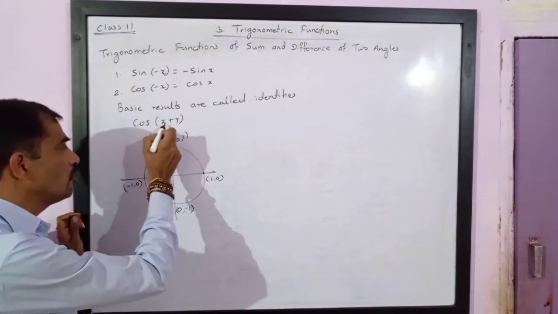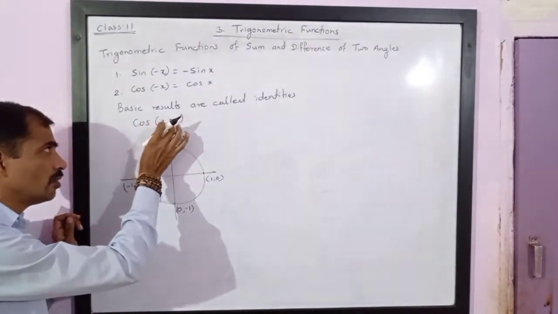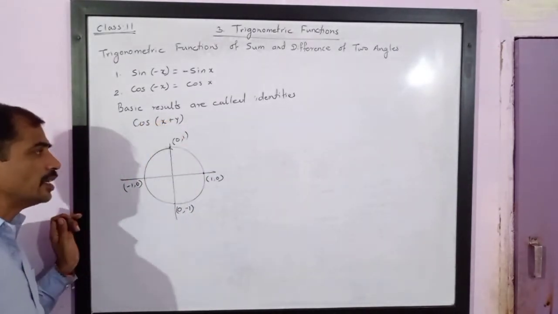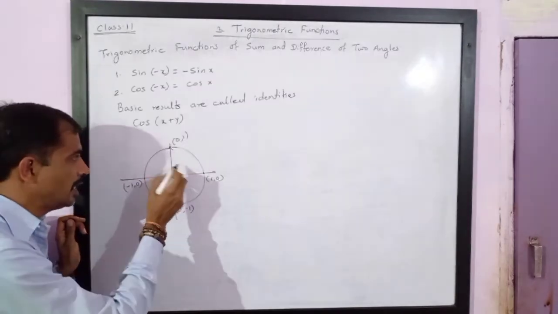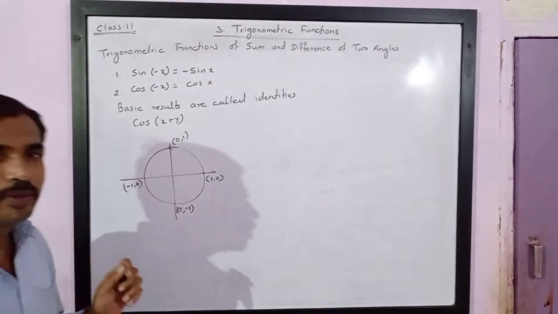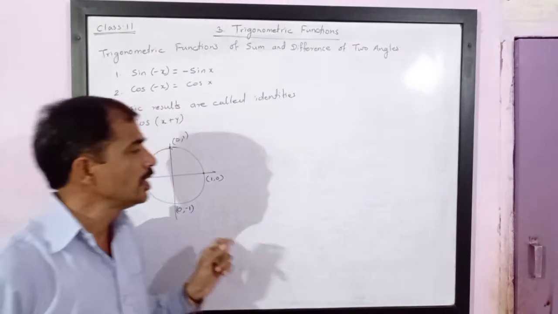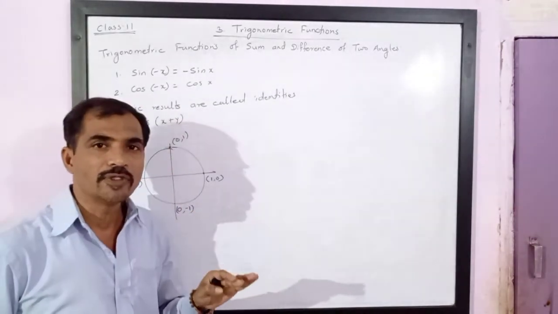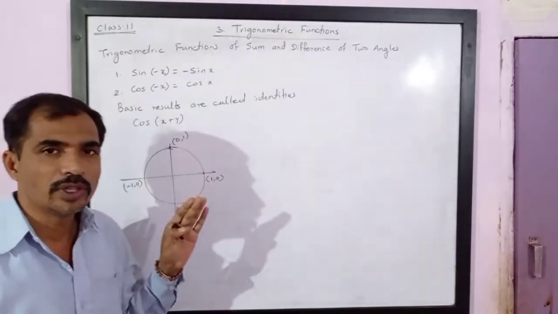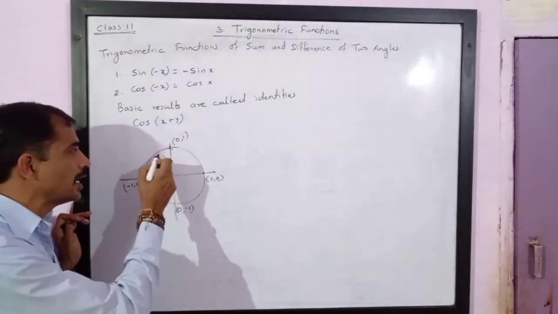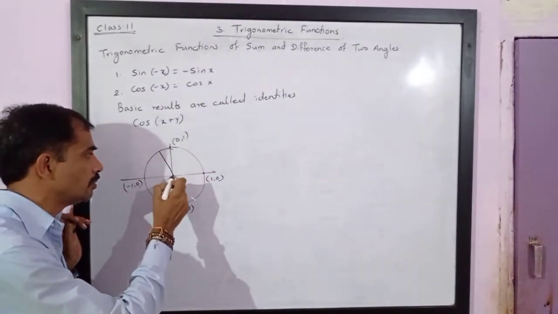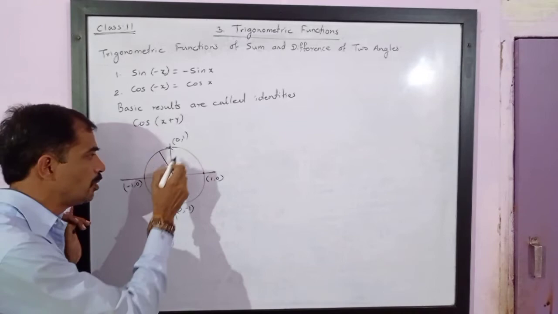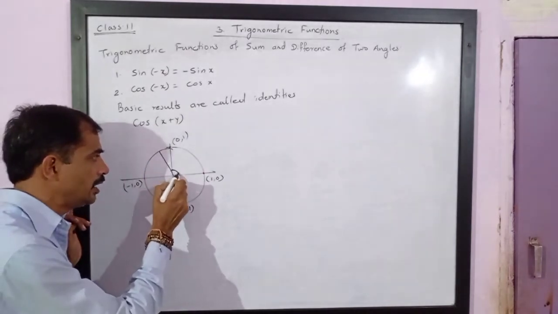Now we have to find the cos of the sum of two angles. In the book they have taken an obtuse angle, you can take even an acute angle, no problem, but in order to avoid confusion, I will keep the similarity with the book. So we will take the x angle as an obtuse angle. Let this angle be x.